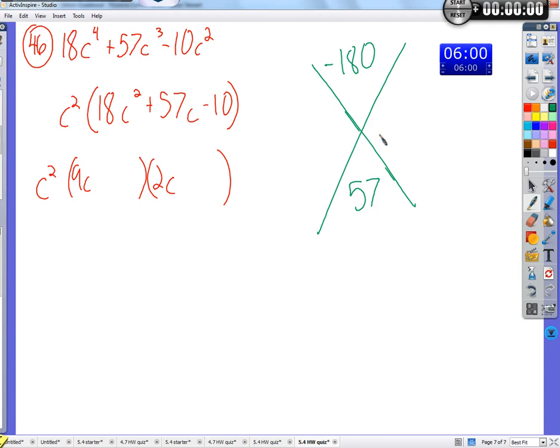Factors of negative 180 that also add up to 57. Okay, I can take a minute. Anybody found them? Yeah, negative 3 and 60. Let's just make sure 60 times negative 3, yeah, negative 180. 60 minus 3, 57. Great. And we get rid of all this.